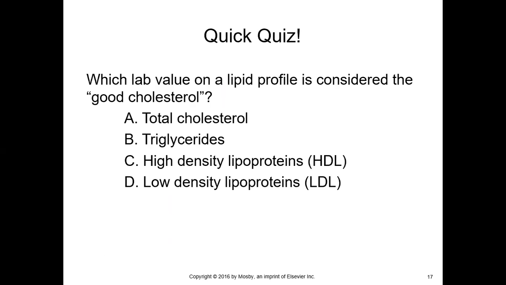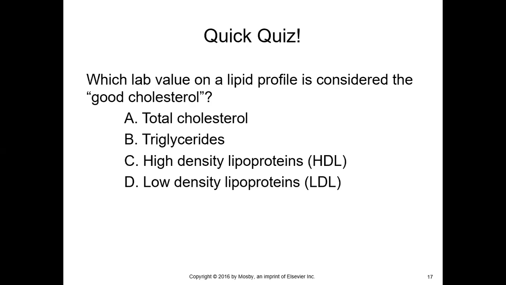So quick quiz, which lab value on a lipid profile is considered the good cholesterol? And so the good cholesterol, I think about the number that we want to be elevated to be good, and that's high density lipoproteins. That type of lipoprotein is a protective protein.